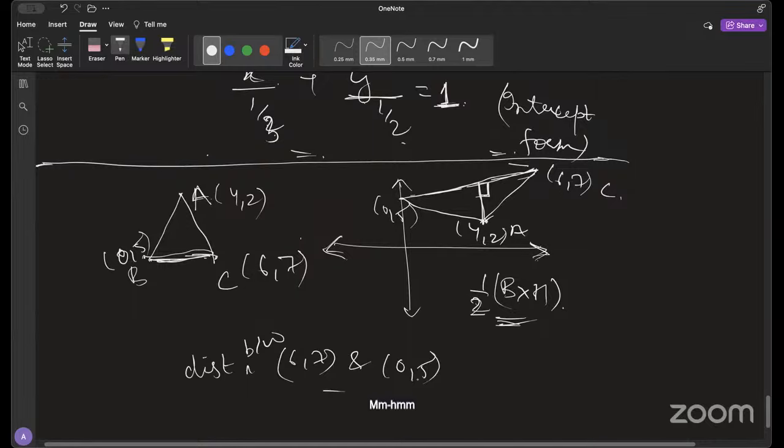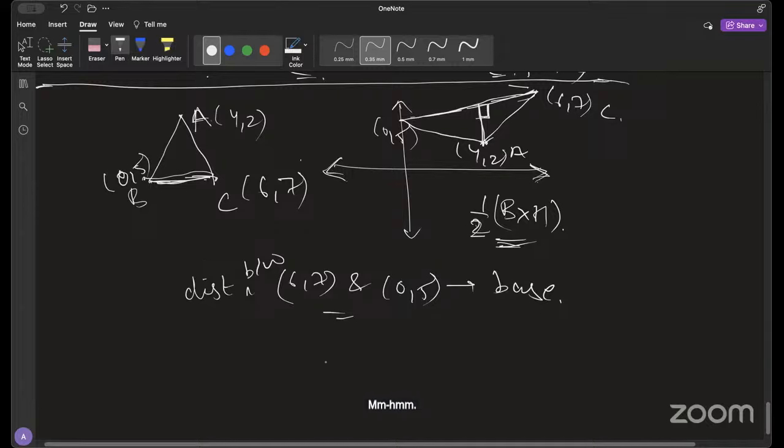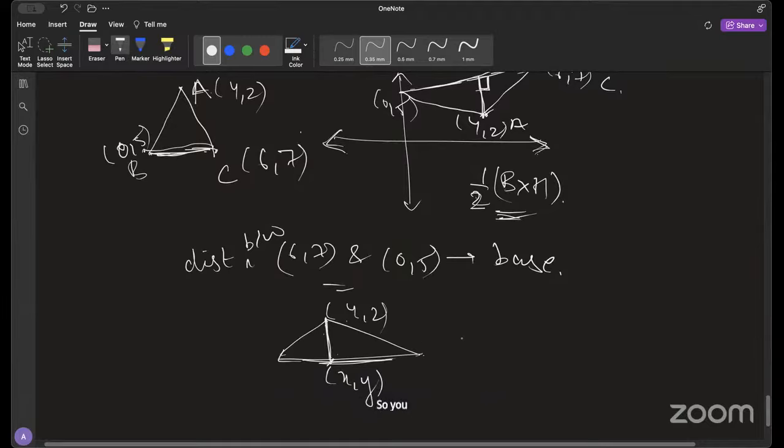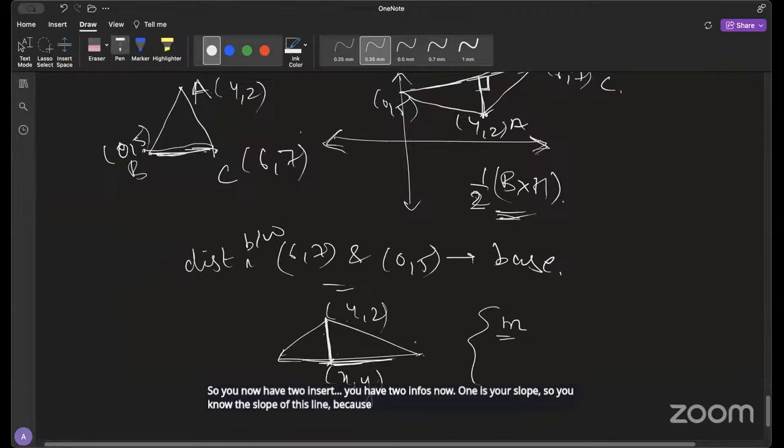Then you can consider this point to be (x, y), and because it is perpendicular to this line, you have two pieces of information. One is the slope.